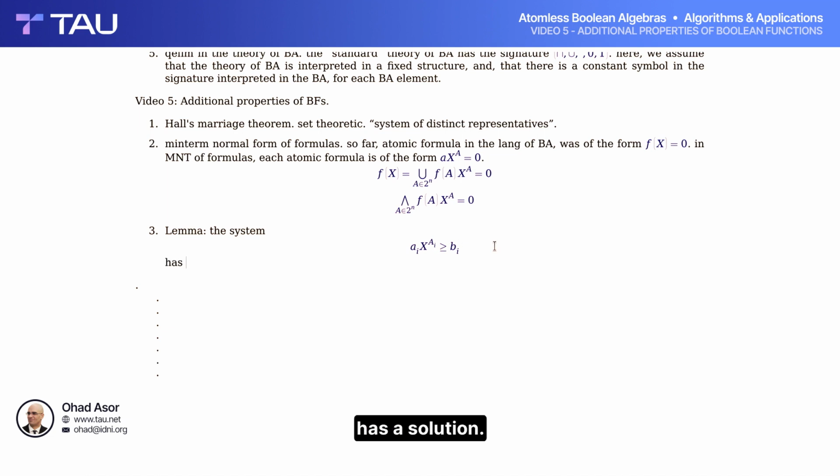So it has a solution. So it's a multivariate system. Yes, it's capital X. If and only if b_i, b_j are disjoint whenever a_i is not equal to a_j. So first, let me show you that necessity is immediate.